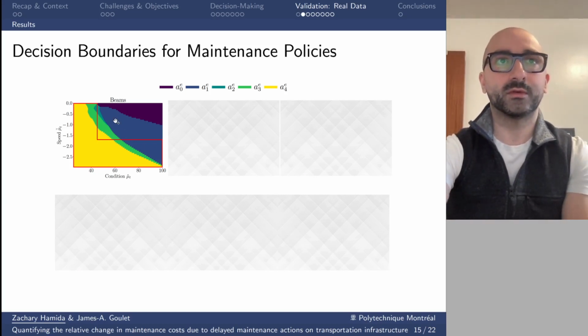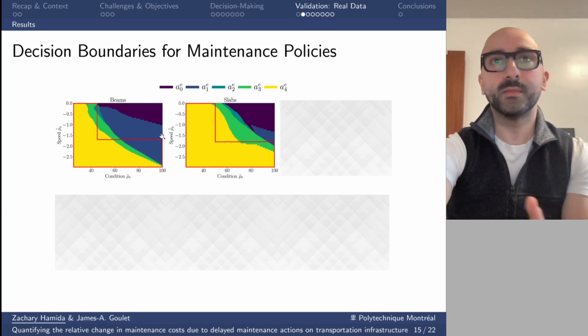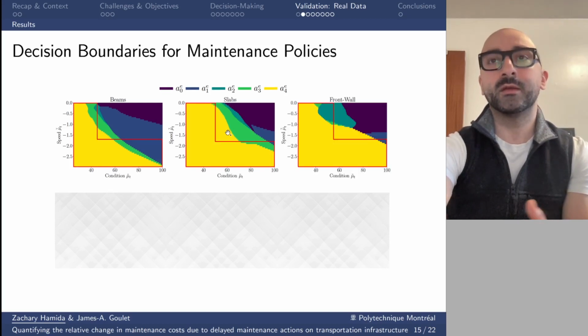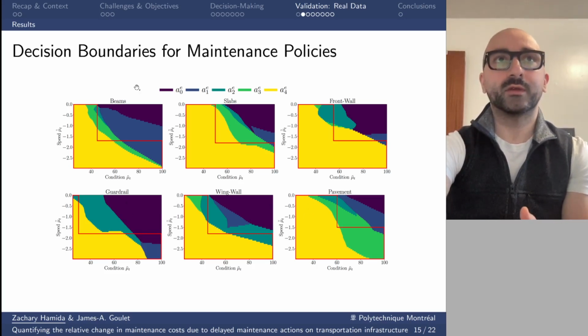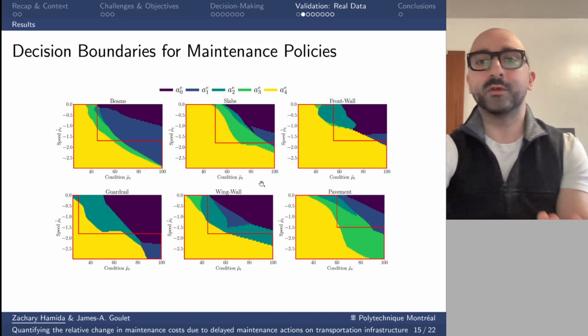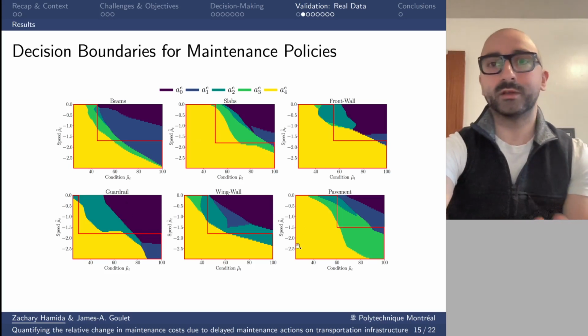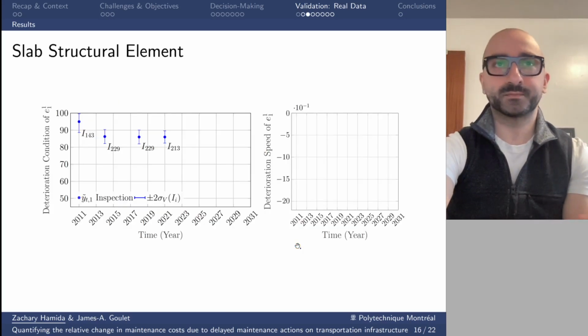For the beams, on the x-axis we have the condition and on the y-axis the speed. It's the same for the slabs, front walls, and all the other components. So these are the optimal maintenance policies for each type of element.